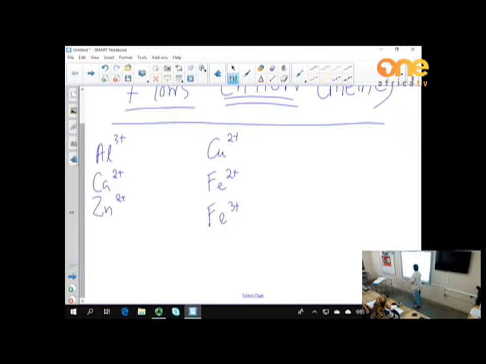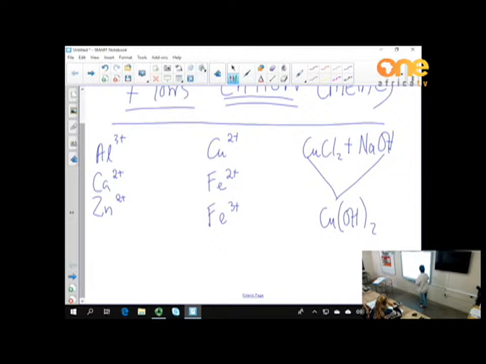For example, if I have copper chloride in solution, to the copper chloride, I can add sodium hydroxide. These are two soluble salts, and I will get copper hydroxide, which is insoluble. Do you understand? All right.